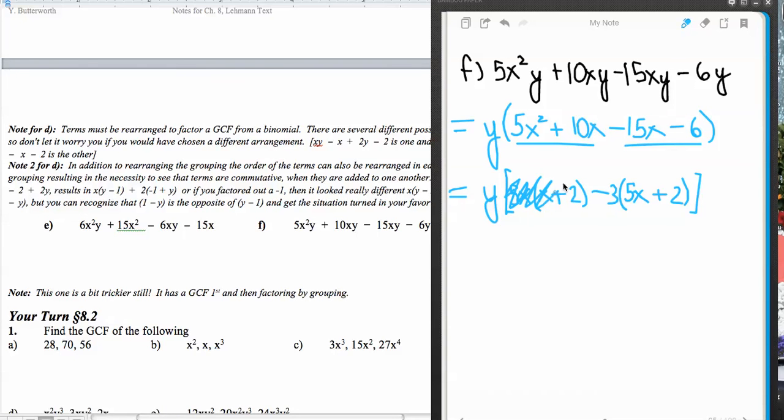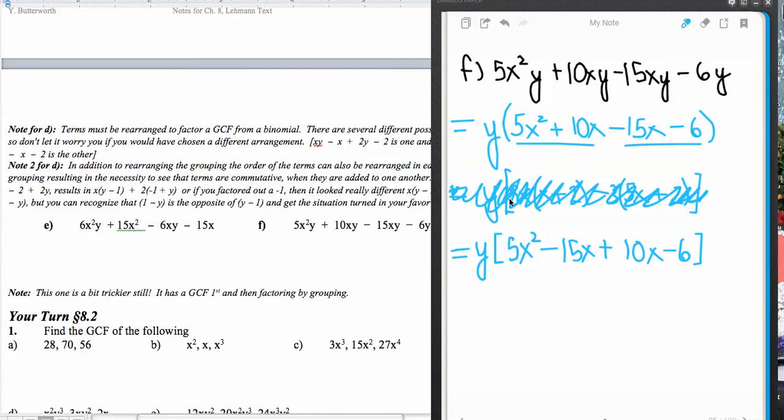So let's see if ordering it a different way will work. So we say, okay, y, and then I have maybe 5x squared and a minus 15x, and then plus 10x and minus 6. Now let's try that one. So this is all crossed out.